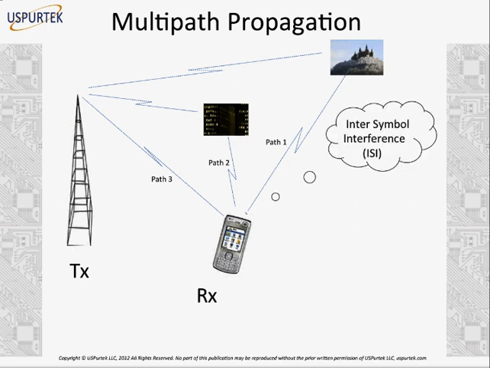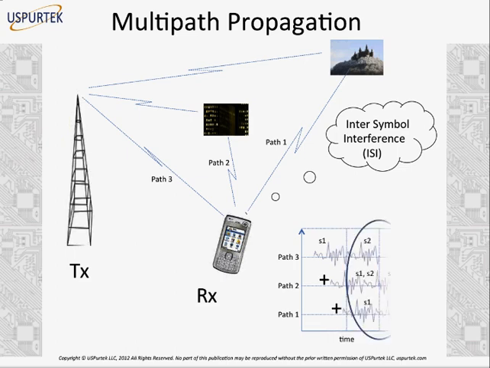Now, cell phones use digital signals, right? There is one other problem, inter-symbol interference, because we are ultimately receiving streams of data from our transmitter. All three signals coming from different paths, the symbols interfere with each other. As you see in the picture, symbol 1 and symbol 2 on path 3. Then on path 2, symbol 1 arrives late and a portion of it interferes with symbol 2 received from path 3.